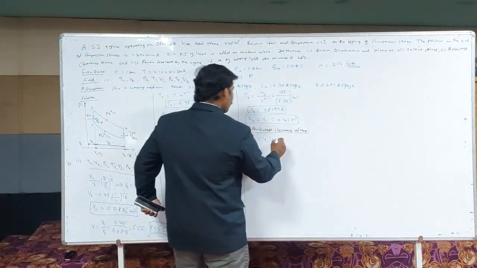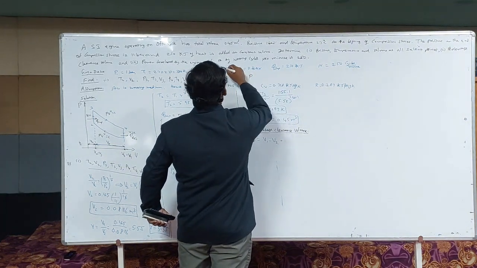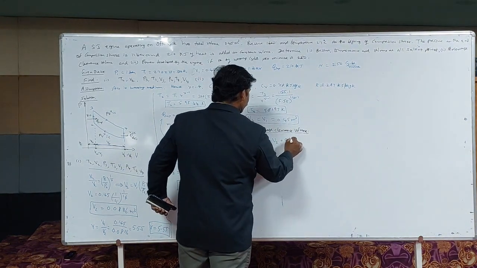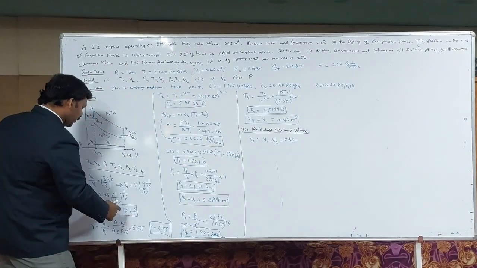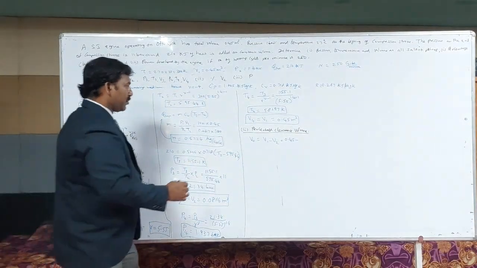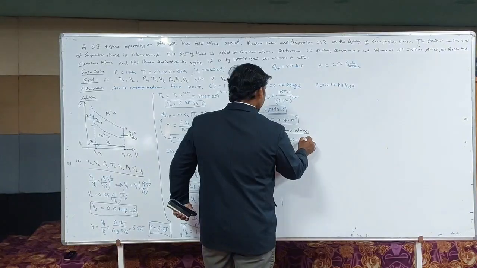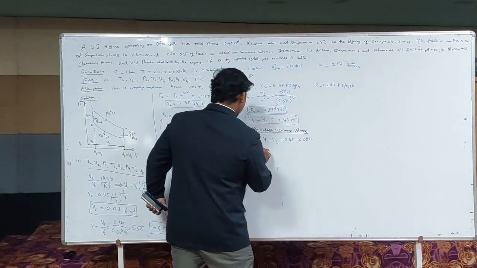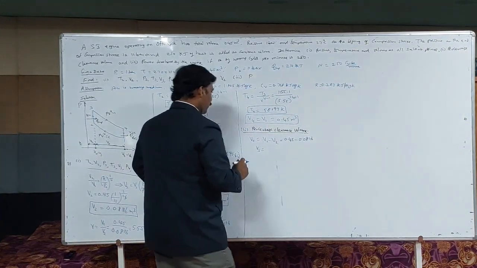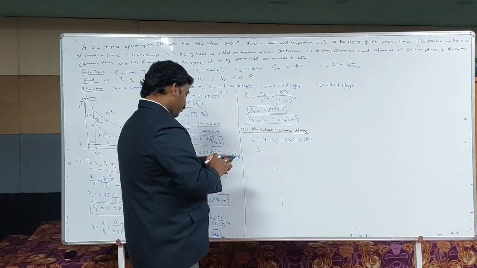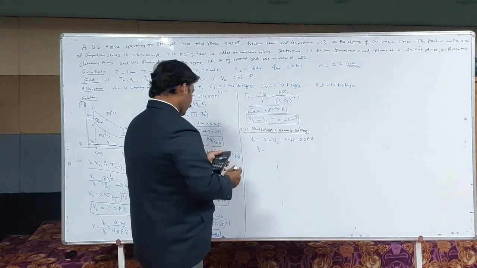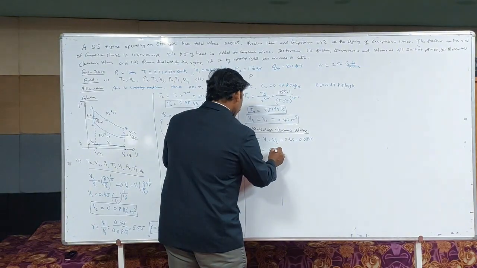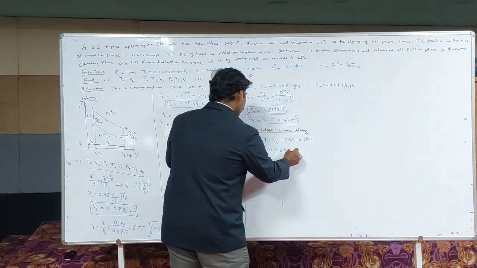We know V1 is given as 0.45 meter cube. So 0.45 minus V2, which we already found out as 0.08116. So we get the swept volume as 0.45 minus 0.08116, which is equal to 0.36884 meter cube.